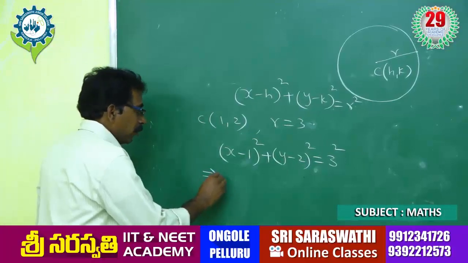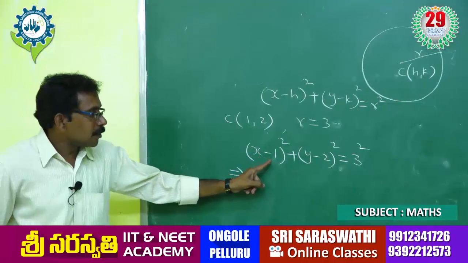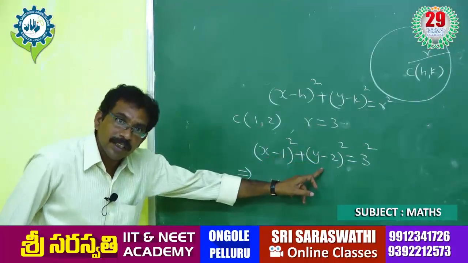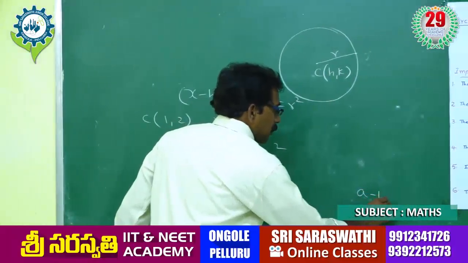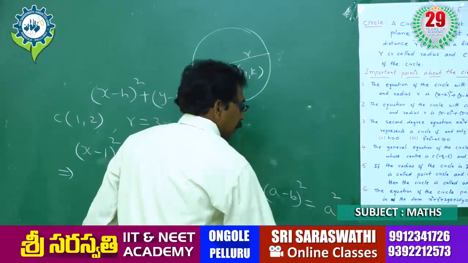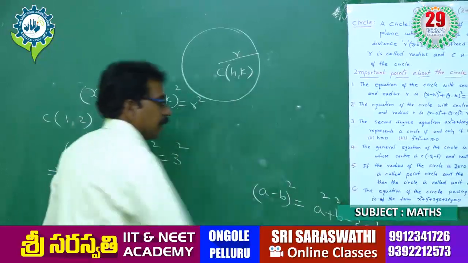Here, for simplification, we use the (a minus b) whole square formula for both terms. We know (a minus b) whole square is equal to a square plus b square minus 2ab.